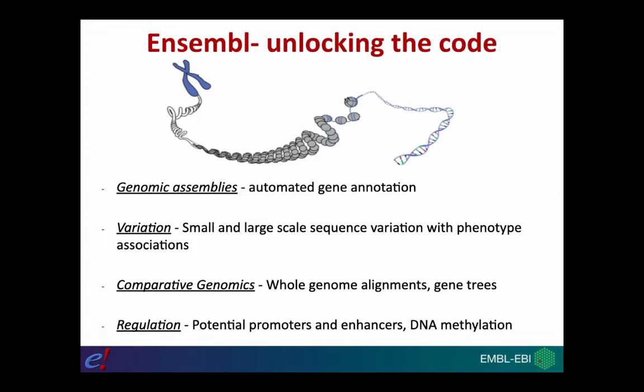Now, the regulatory data at the moment is only available for human and mouse, so that data is not going to be available for people that are studying other species. But hopefully you'll see in the regulatory webinar later on in the series that we are hoping to extend this data to other species as more data becomes available for us to use and analyze.